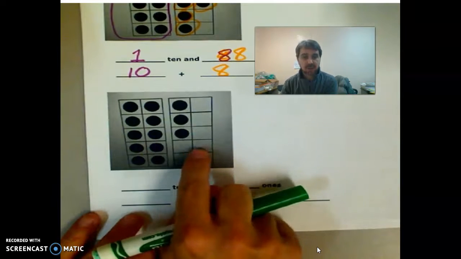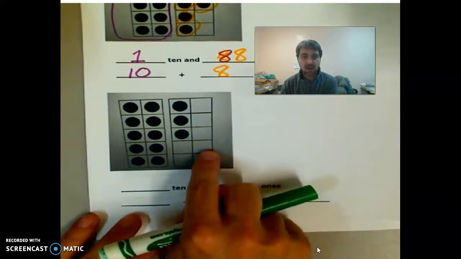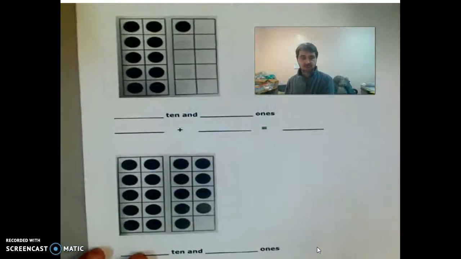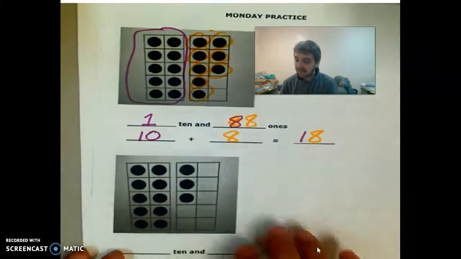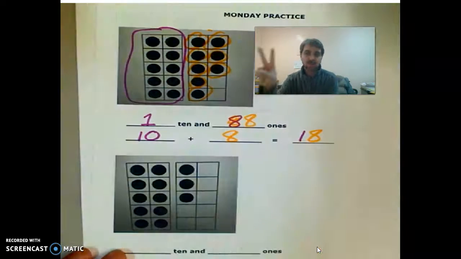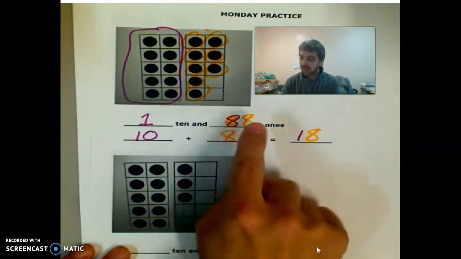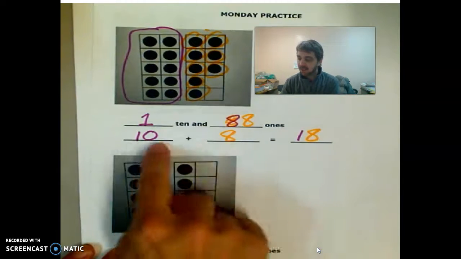Okay, let's try another one. There's this one here, and you're going to do the same thing on this one. There's a couple more on the next 2 pages. The same thing that I did, I want you to do. You don't have to use 2 colored markers, you can just use your pencil. Figure out how many 10s you have, how many ones, and how much that is worth.